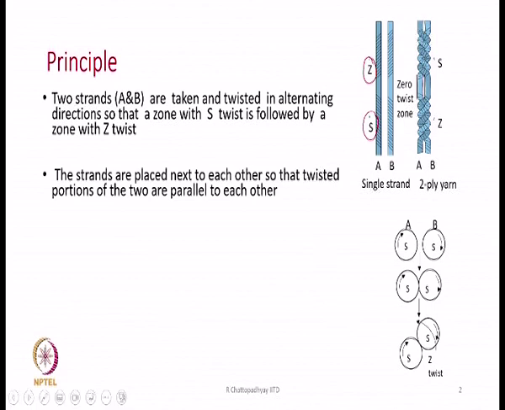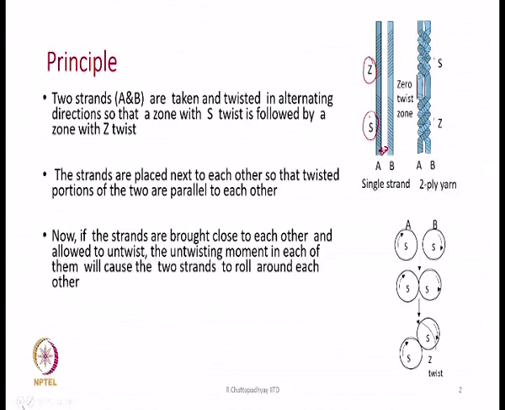So, some segments having S followed by Z, then again S, then followed by Z, and same thing is happening to the other strand also, the neighboring strand, which is B in this case. Now, if the two strands are placed next to each other and we remove this distance between them, that is, they are brought closer to each other, and then they are allowed to untwist, because each individual strand has twist.